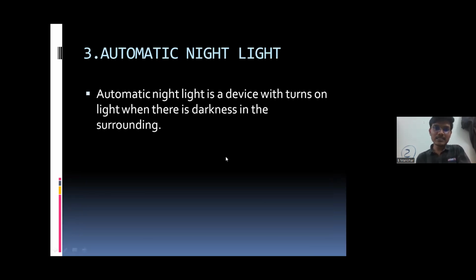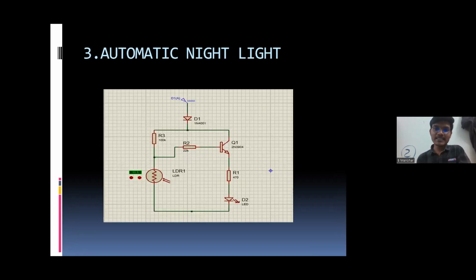And my third fundamental electronic project is the automatic nightlight. An automatic nightlight is a device which turns on when light is not there, during the darkness surrounding it. The circuit consists of an LDR. LDR is short for light dependent resistor. It works as a function of resistance.